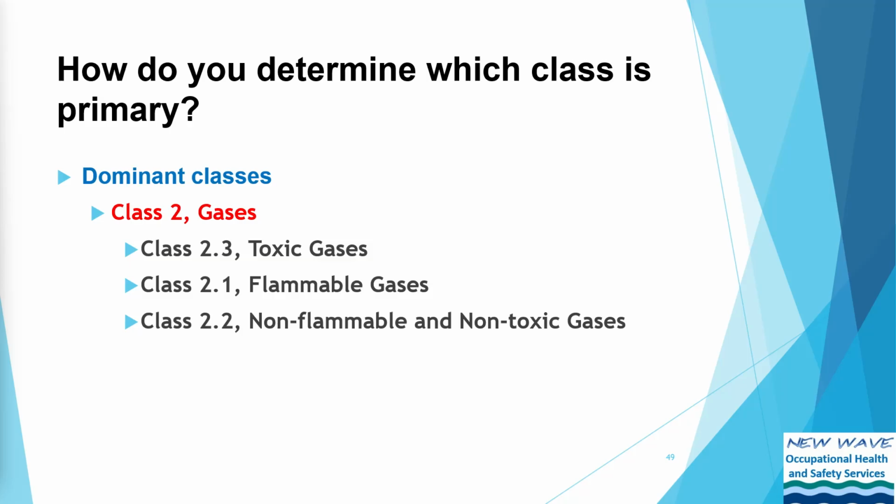Still doesn't answer the question about how you determine which class is more dangerous. Basically, there are two ways. For gases, there's a set priority shown on the slide. Class 2.3 toxic gas is the most dangerous, followed by 2.1 flammable gas, and lastly 2.2 non-flammable and non-toxic gas.